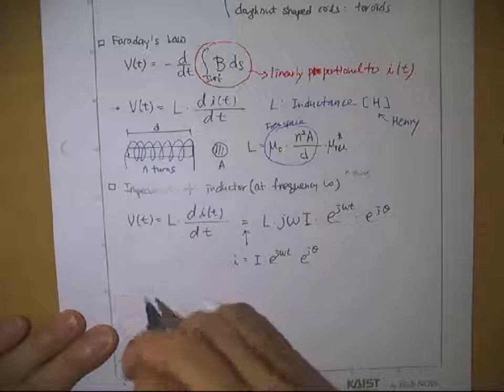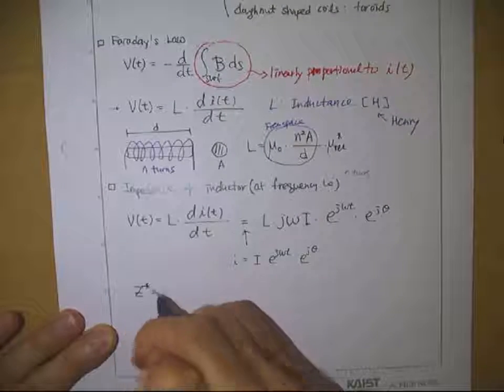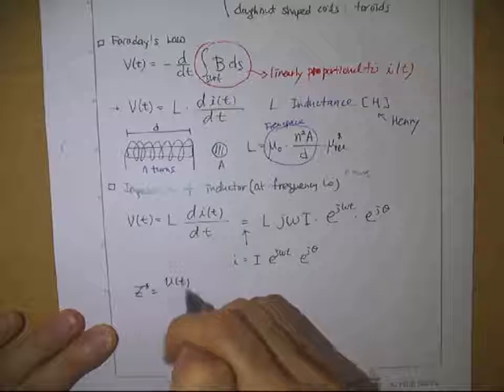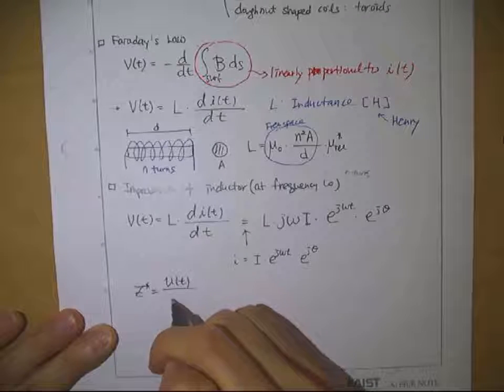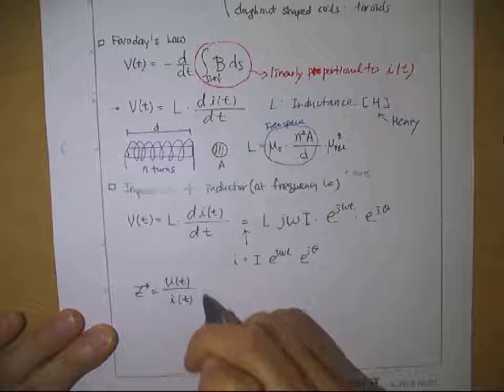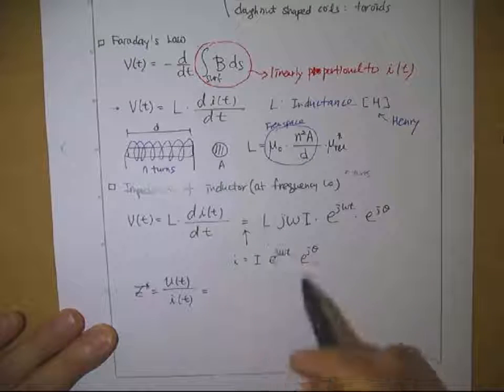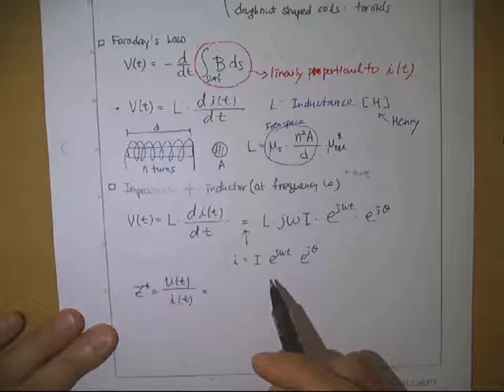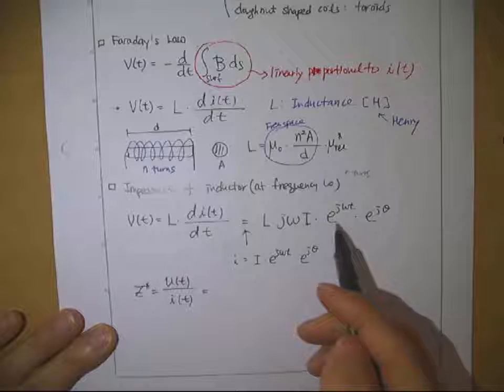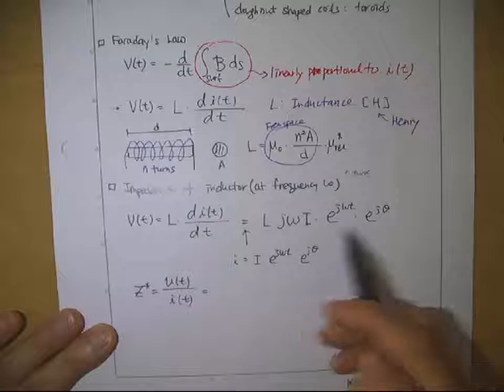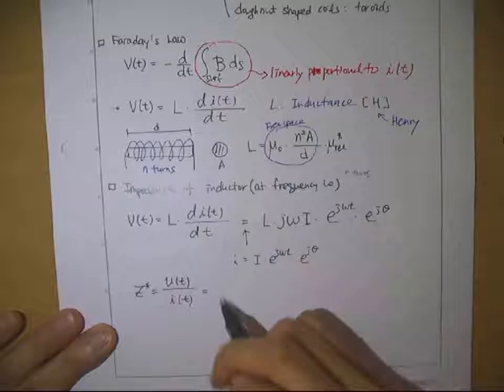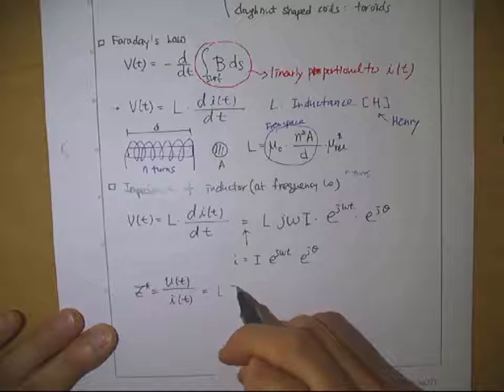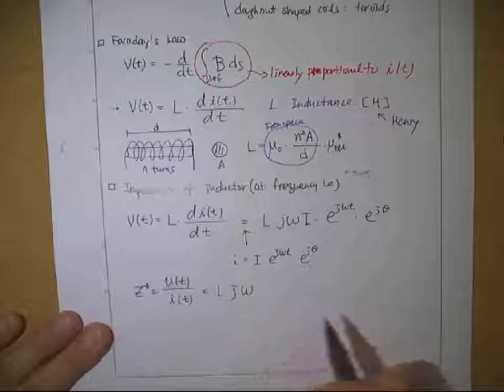So then the impedance is the voltage over current. This part will be cancelled, so you have only L j omega left.